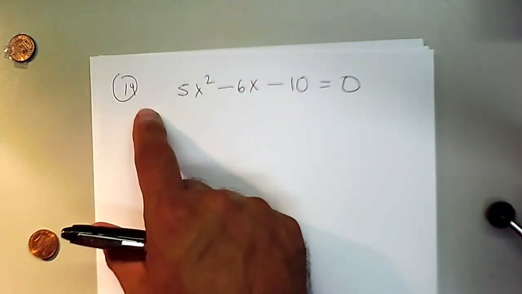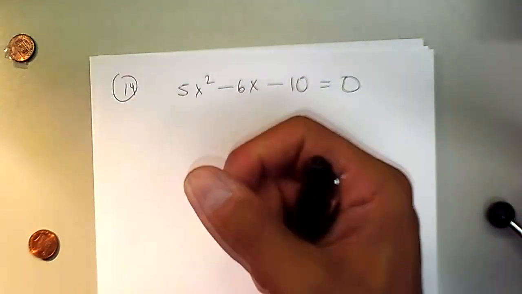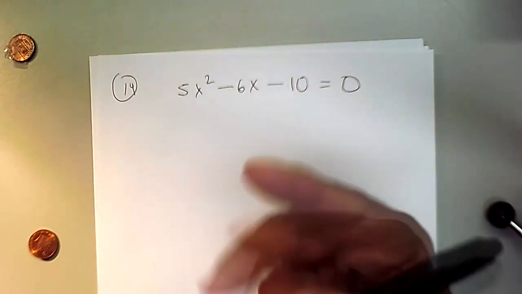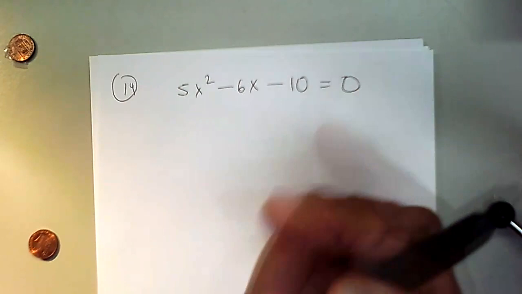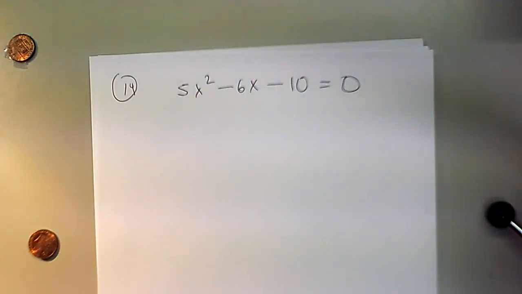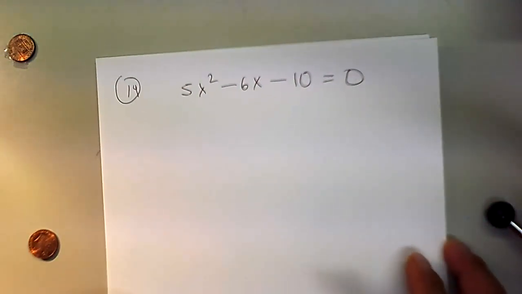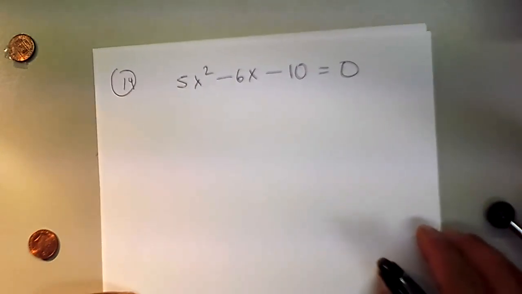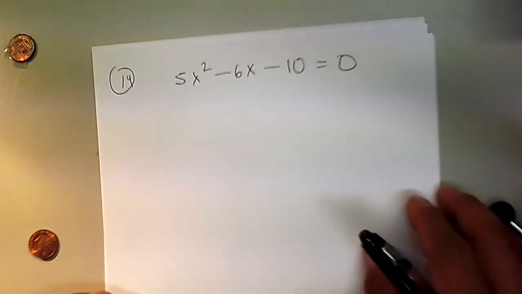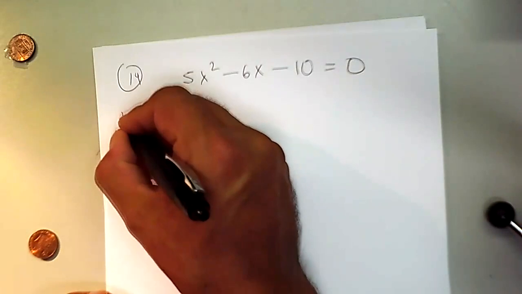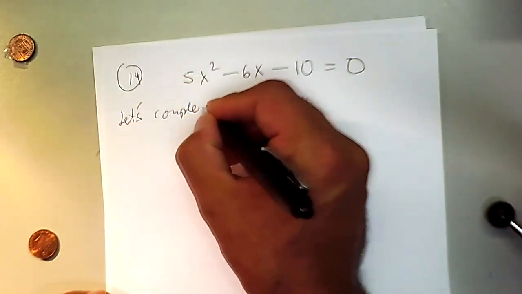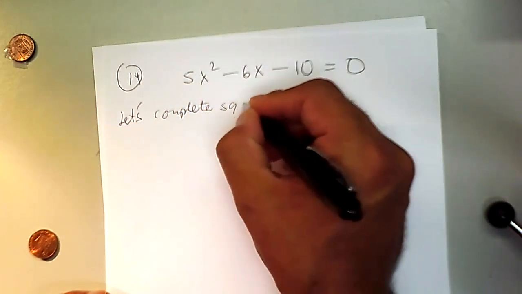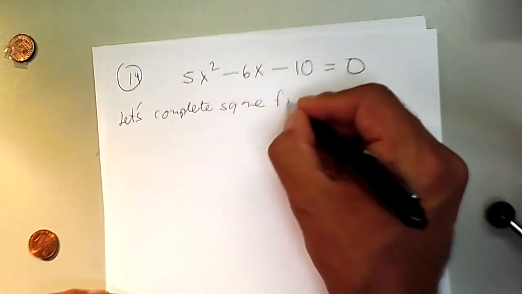Fairly quickly we realized this is not easy to factor or even factorable with whole numbers. So what we want to do then is either complete the square or use the quadratic formula. Both methods will work no matter what. Maybe we should do both. This is a good example for completing the square and for the quadratic formula. So let's complete the square first.